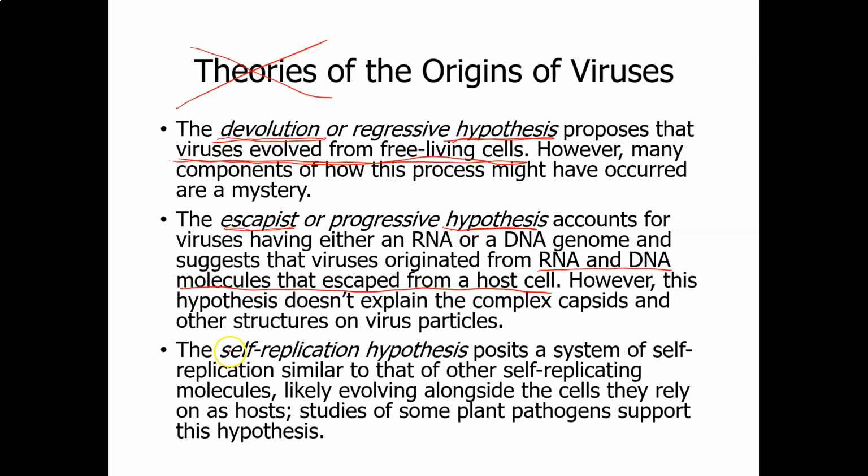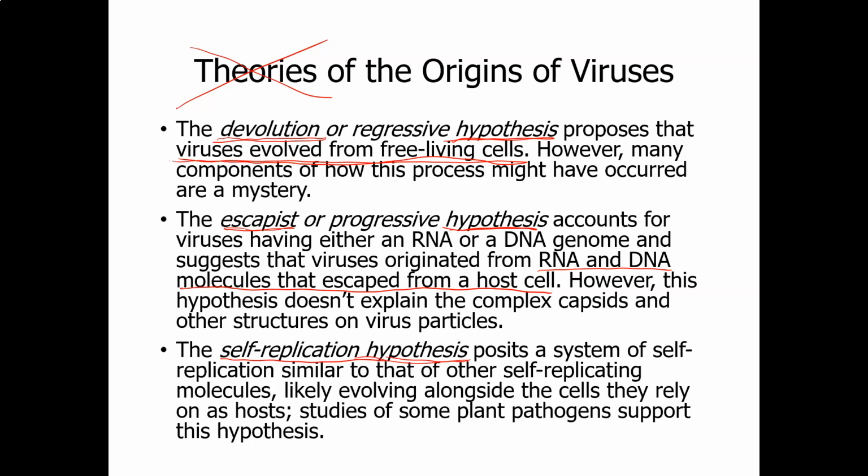And the self-replication hypothesis kind of reminds me of coevolution. Bees have evolved and pollinators have evolved along with flowers. The flowers have evolved colors and scents that attract pollinators, and the pollinators have evolved body parts and skills that help them to find the flowers that are going to give them the nectar that they need.